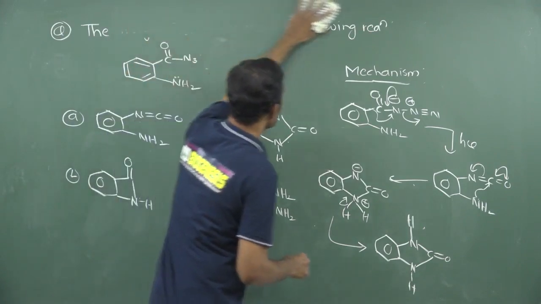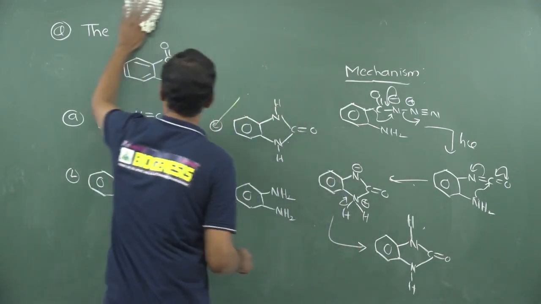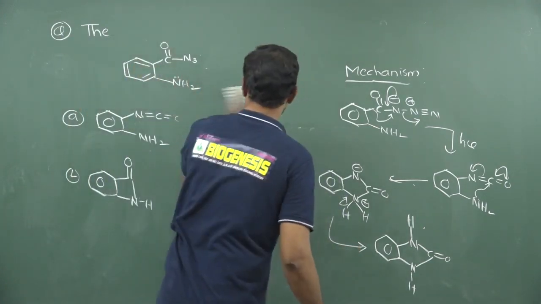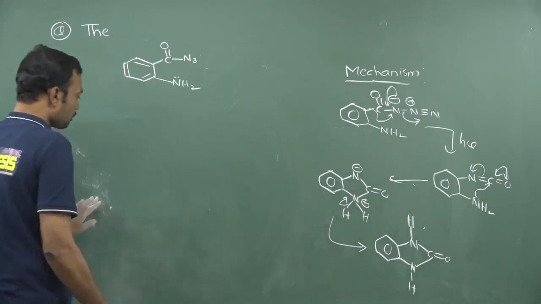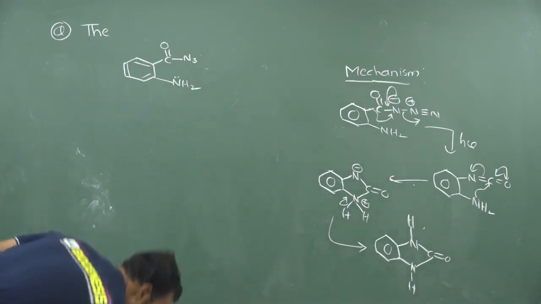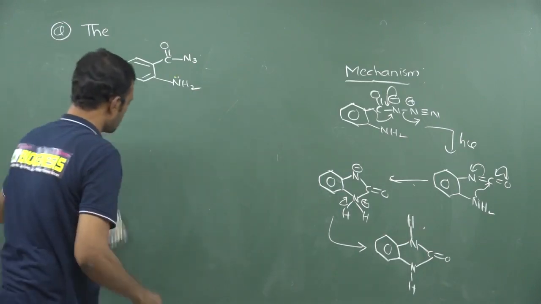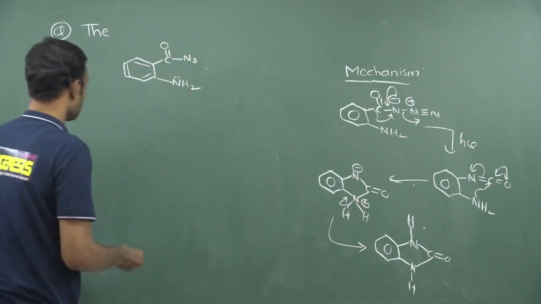So what they ask is two things. What is the intermediate and the major product involved in this reaction? Two points are required. One is the intermediate involved in this reaction. One more is the major product involved in that reaction. Two points you need to concentrate on. Okay.